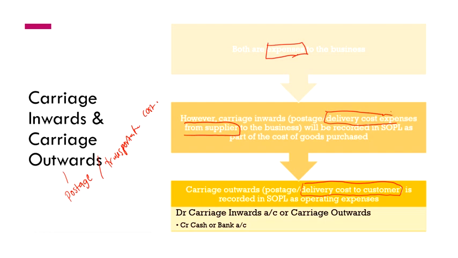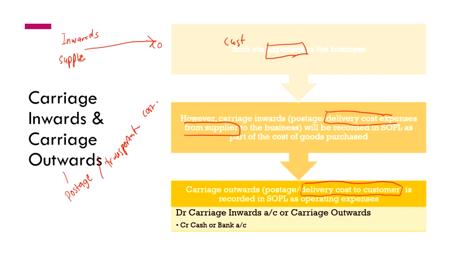So tengok ni, carriage inwards. Supplier, and then this is your company, this is your customer. Kenapa dia inwards, ke dalam? Maksudnya barang you sampai from supplier kepada kita, kepada company.